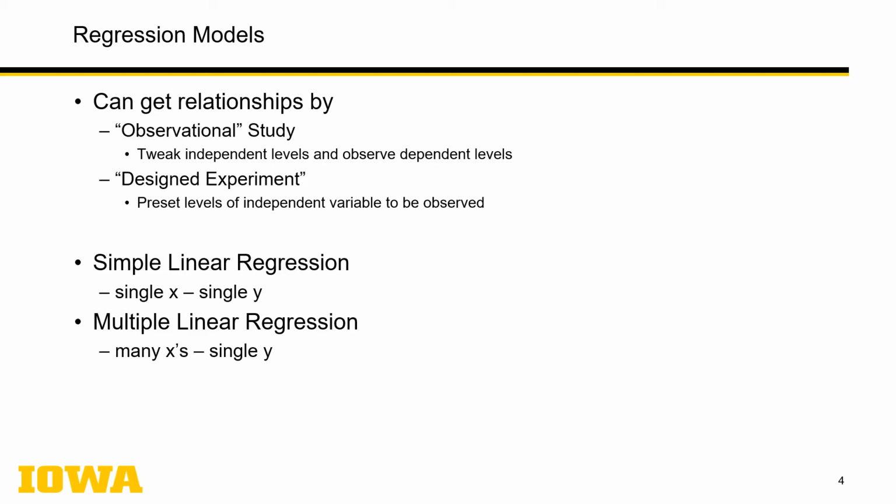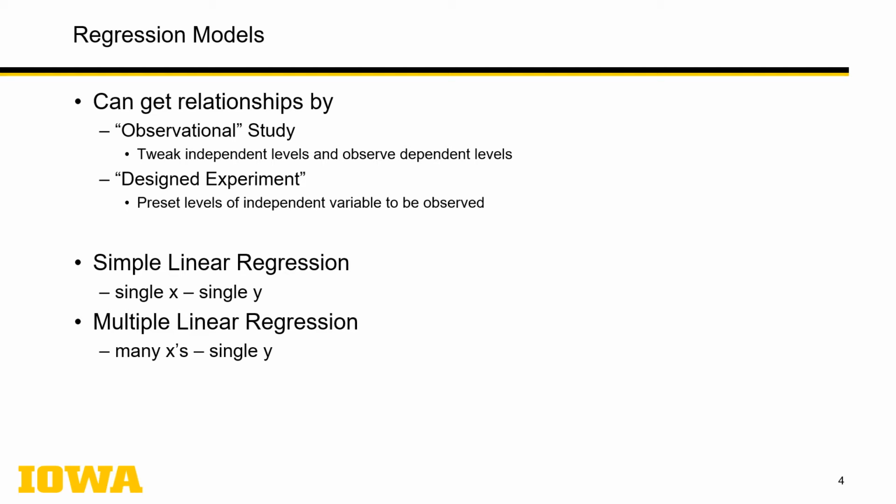Another example from the first module was, say, having preset levels of the RPMs of a pump and then seeing what its output rate in gallons per minute is, for example. So it's more of a designed experiment. You have control over it pretty much entirely. You're not at the whim of nature as much as you would be in an observational study.